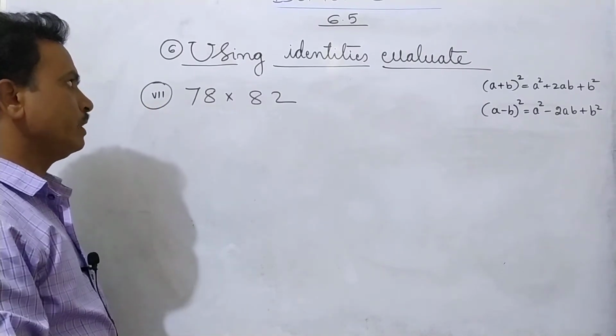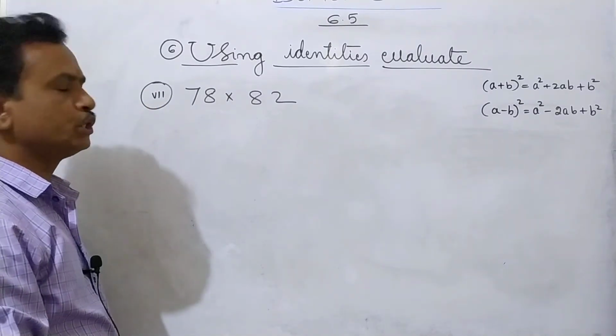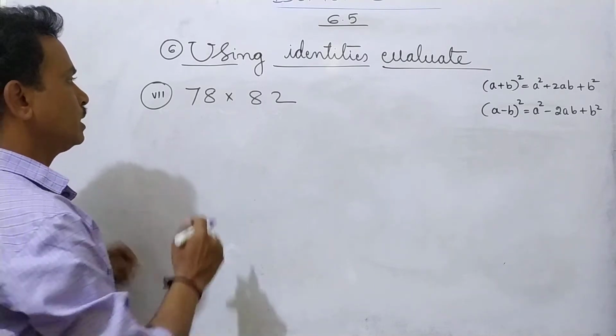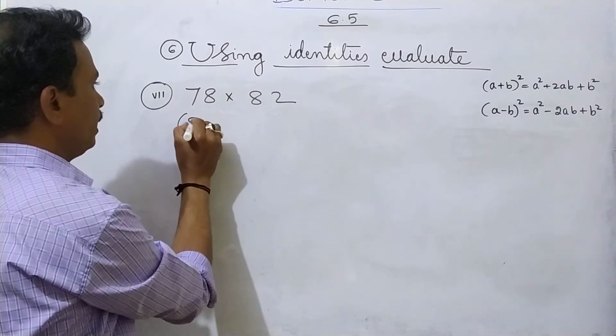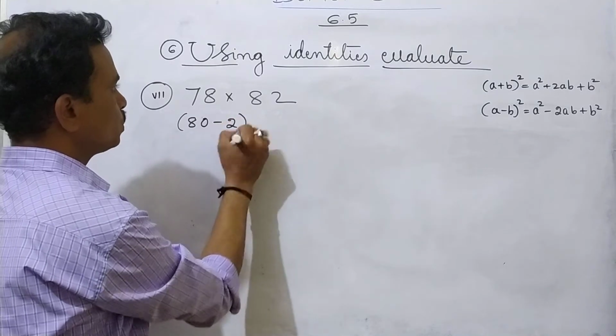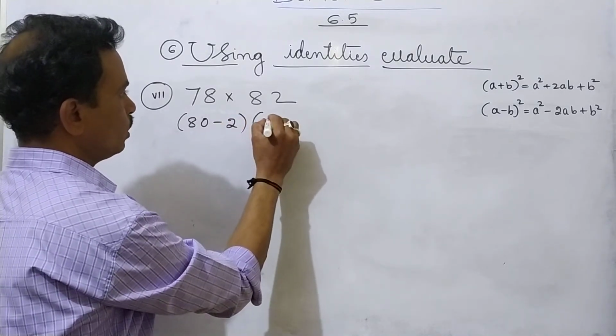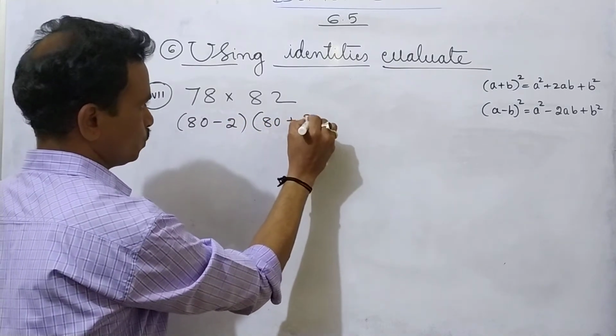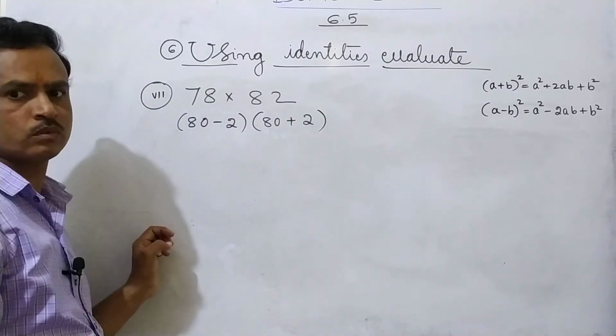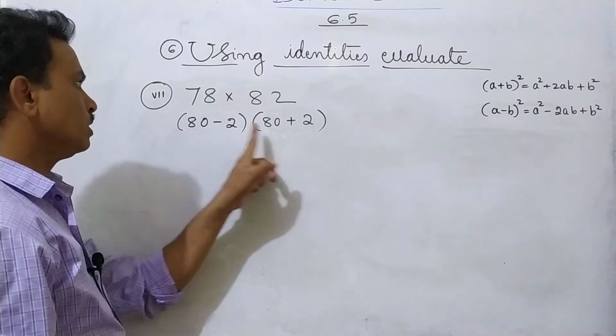Next question, 78 into 82. So this can be written as (80 minus 2) into (80 plus 2). So here both are the same.